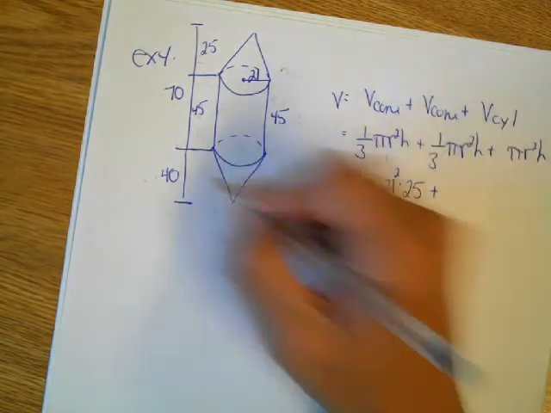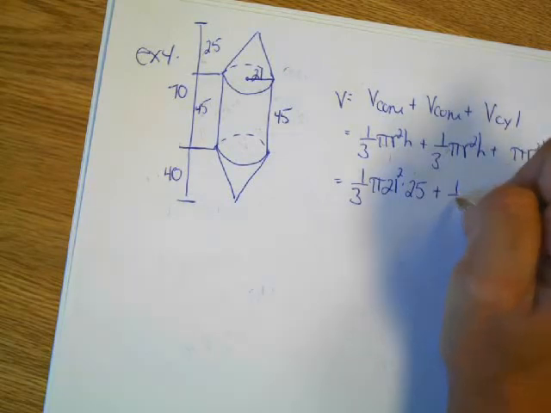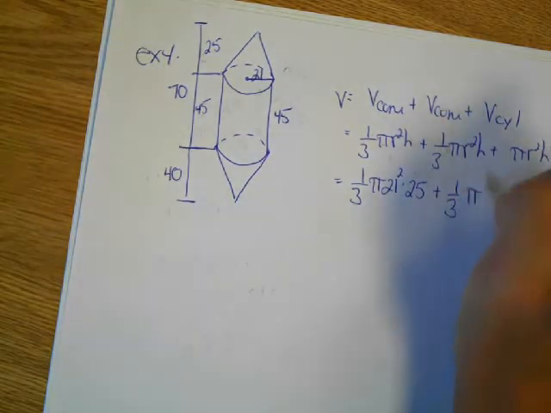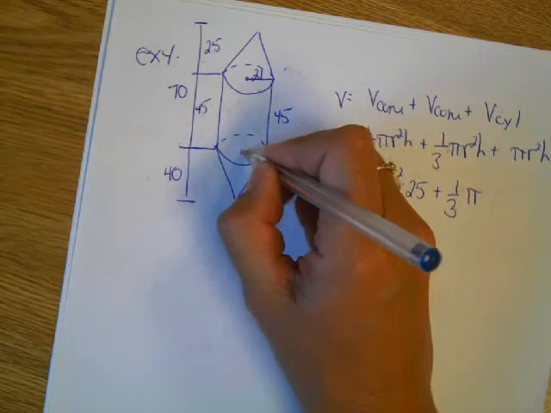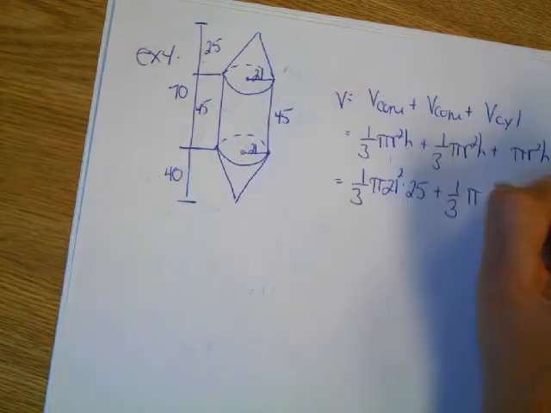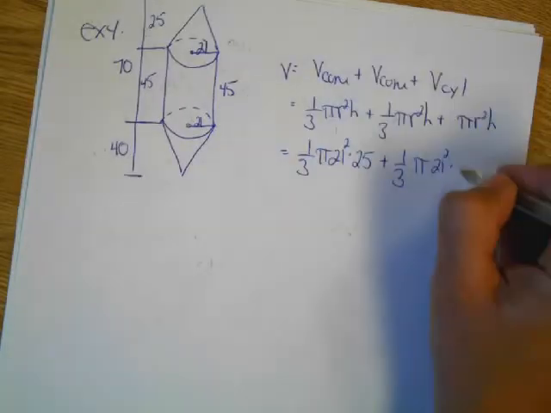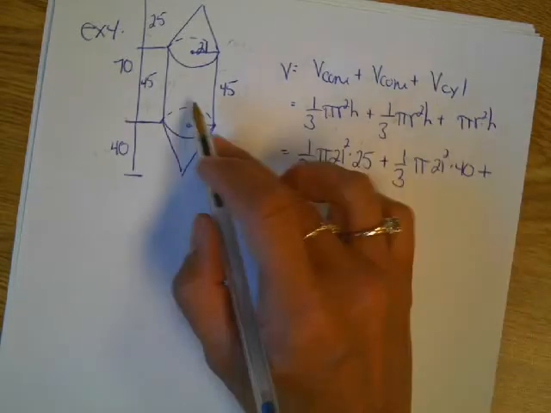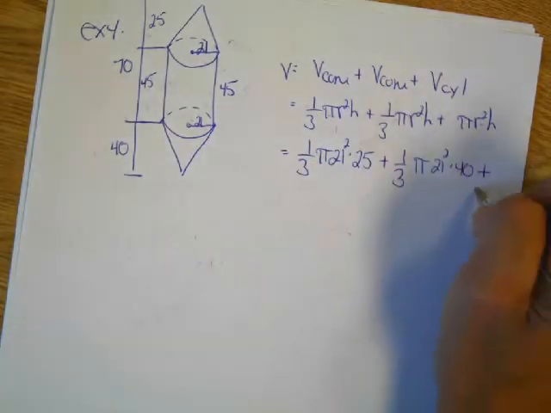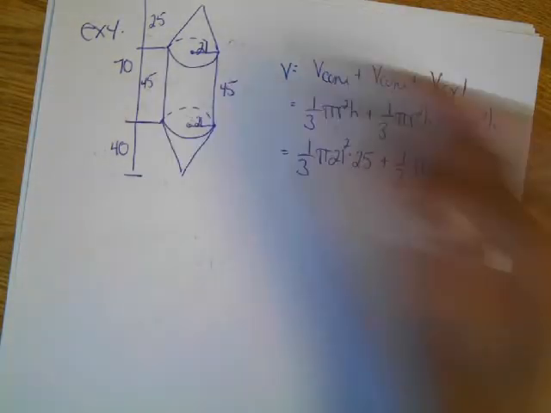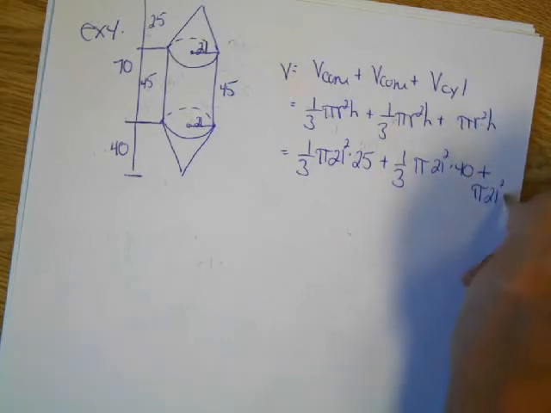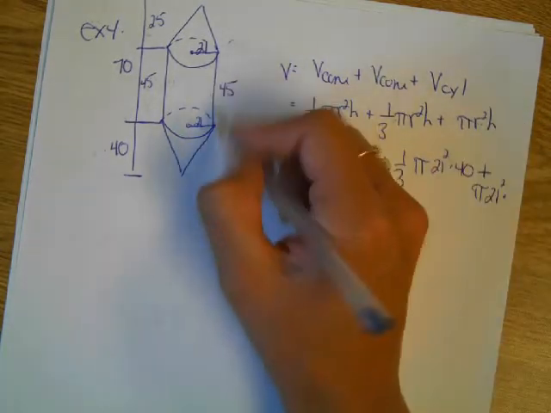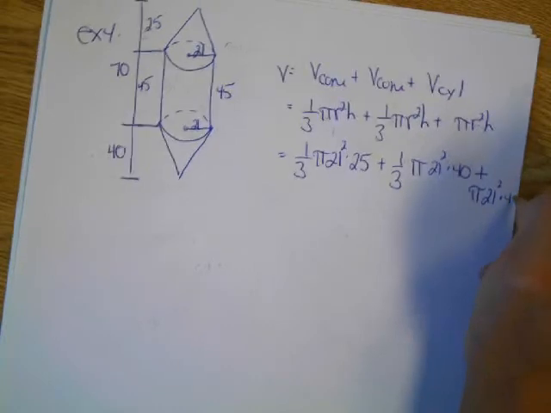Now the bottom cone, definitely not congruent. The radius is 21 though, because that cylinder doesn't grow. 21 squared. The height here was given as 40, even though my picture's really bad. And now we're picking up the cylinder in the middle. That's pi times that same radius squared. And the height of the cylinder portion is 45.